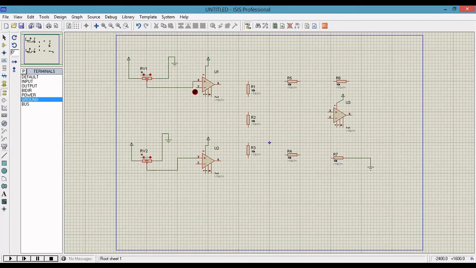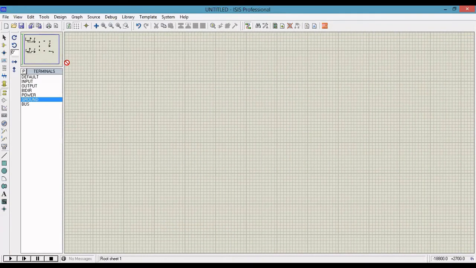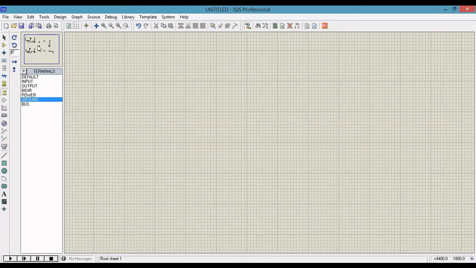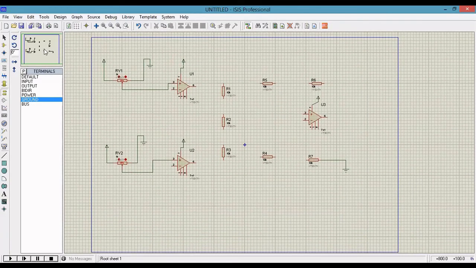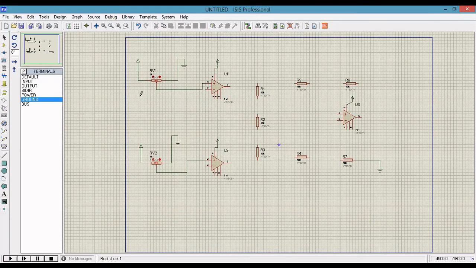Next, pin number 2 is connected to this, connected to the resistance.